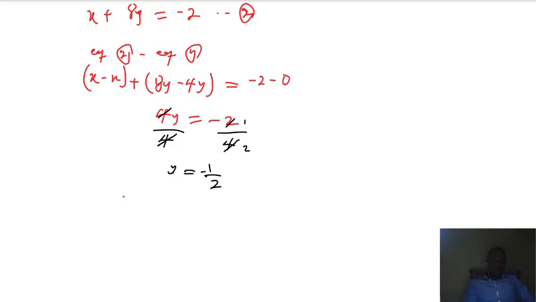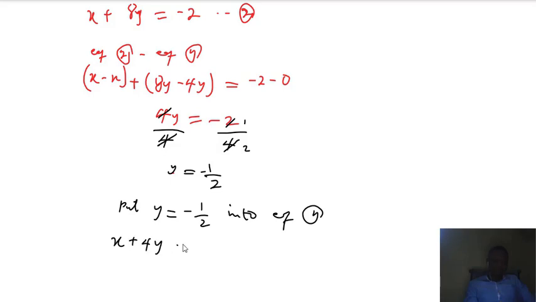Now that we have y equal to negative 1 over 2, let's put y, which equals negative 1 over 2, into equation 1. And we all know equation 1 is x plus 4y equal to 0. So wherever we see y, we put negative 1 over 2 there.